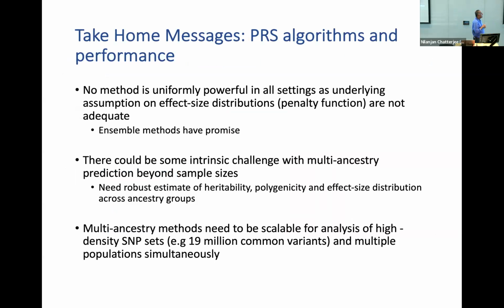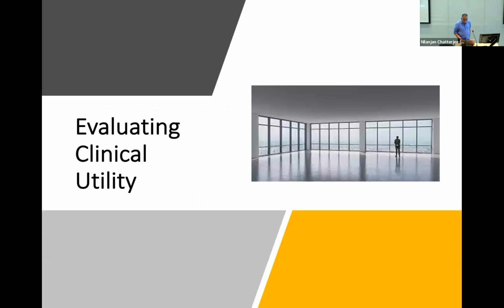So I think this kind of ensemble method, where you generate PRS across multiple methods and then at the end put them in combination, might be a good approach in the future to develop the best PRS. And as I said, some intrinsic challenges beyond algorithm and beyond sample size could be there, especially in African ancestry populations. The other thing is that the algorithms need to be very scalable to be able to handle large SNP contents.